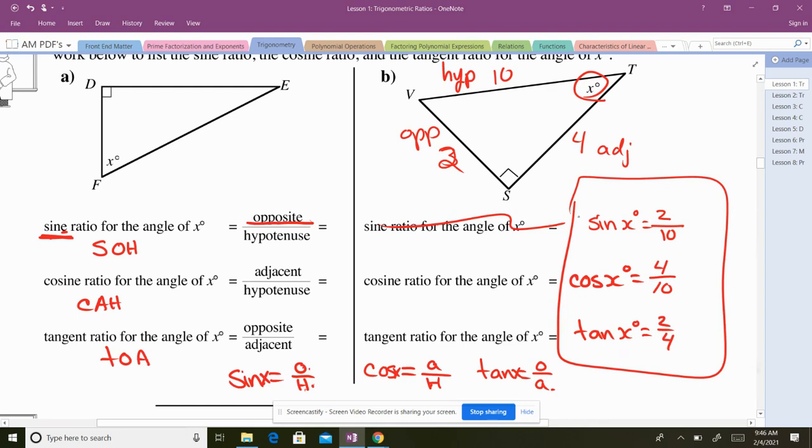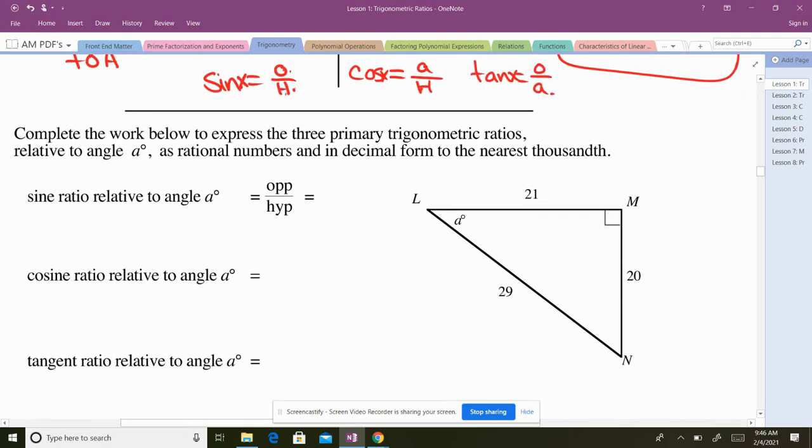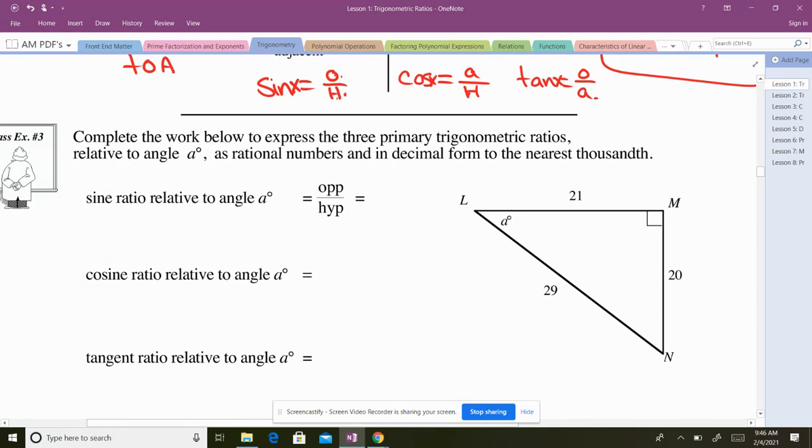All right. I'm going to do one more practice. Bottom one here. Here's our triangle. They've given us angle A. What's the first thing we do? Label the sides. Label the sides, people.